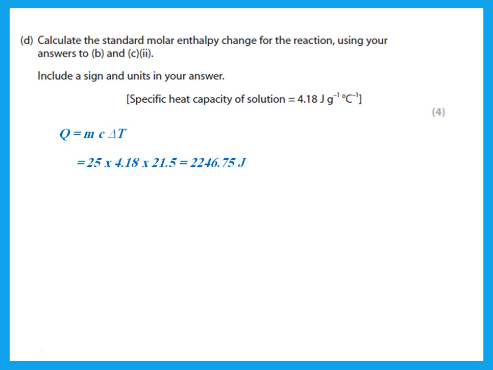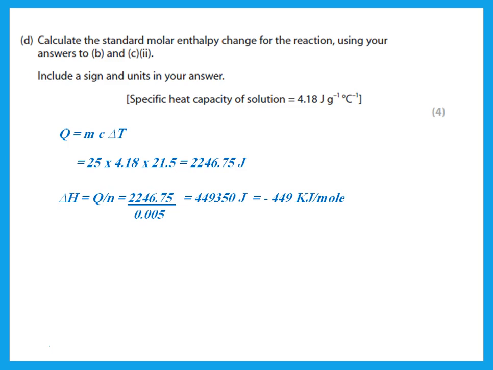So 25 is the mass that I will use, times the value for c, which is always 4.18, times the temperature change that we calculated. That gives me the overall energy in joules. Then in order to get delta H, it is Q over n. So it is Q that we just calculated over the number of moles that we said reacted, which is 0.005.